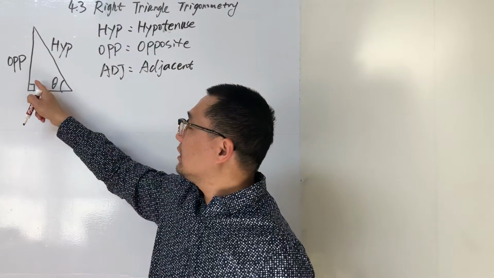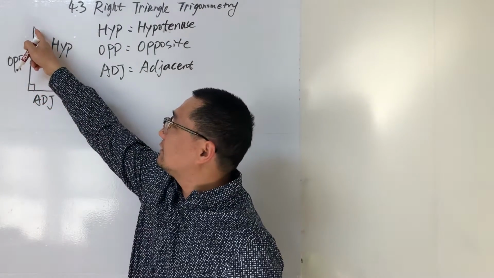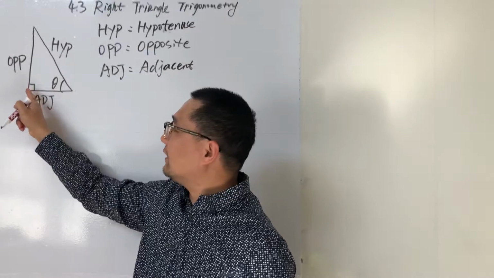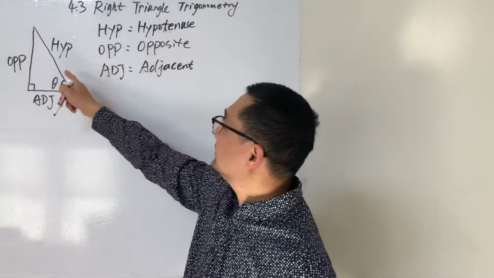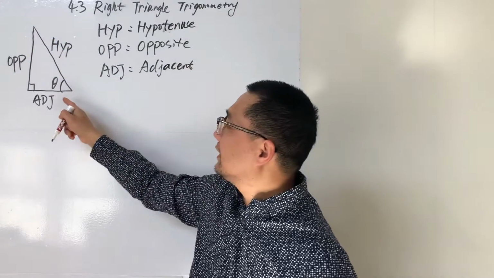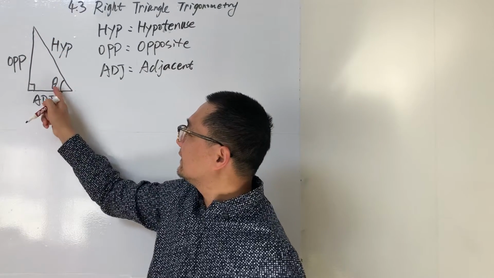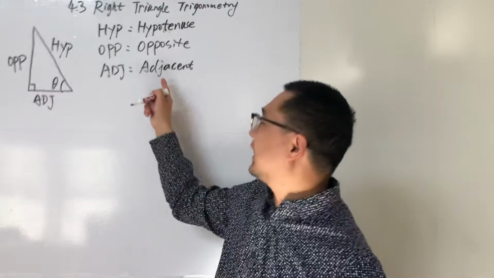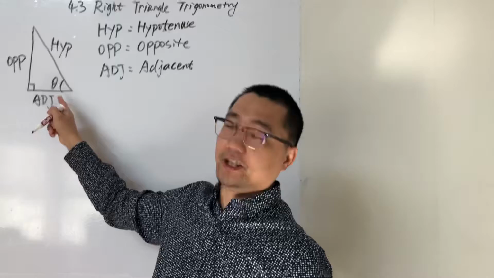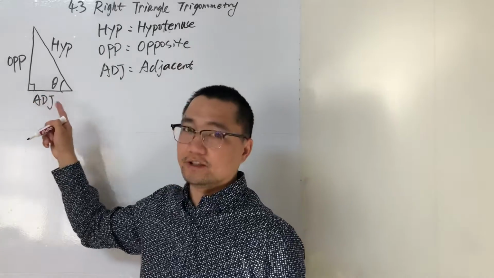The side opposite the right angle, the longest side, we always call the hypotenuse. And the other side, which is near the angle theta, we call the adjacent side. We use ADJ to represent the adjacent side.